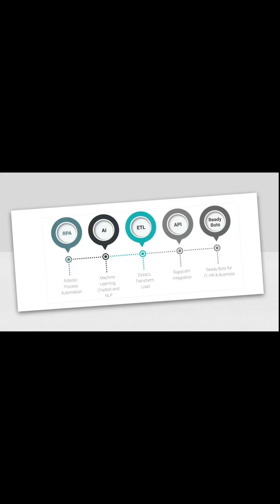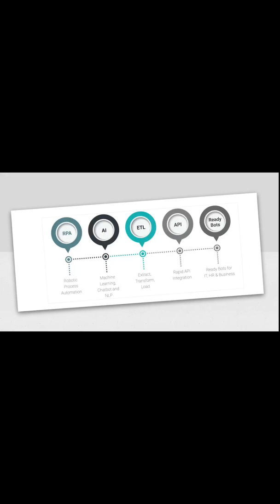You have artificial intelligence, which allows you to extract information, have a learning system that watches and learns and can produce an output that is a sequence of steps or a set of rules, and that works with the RPA. And then ETL, extract, transform, and load, that is used for getting data from one source, transforming it, and putting it into another source, and that can work with the processes of AI and the RPA.